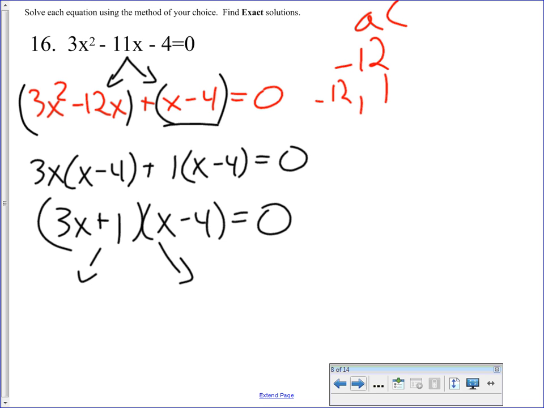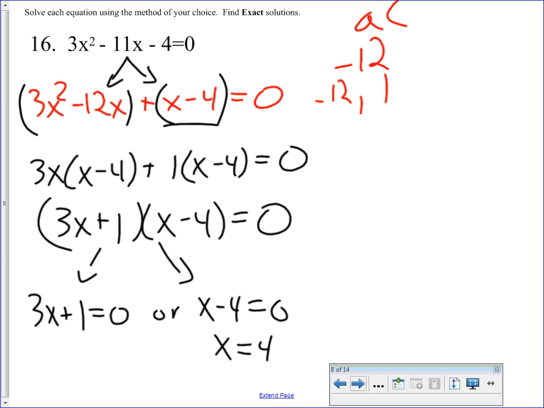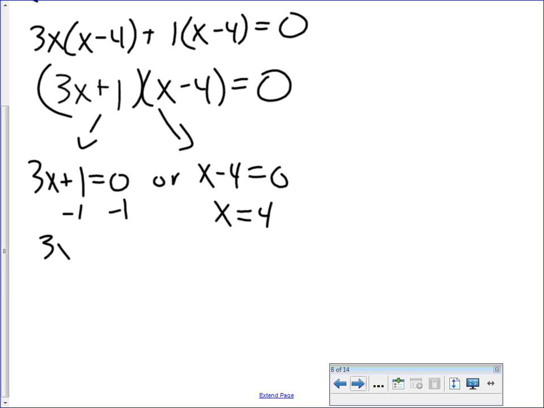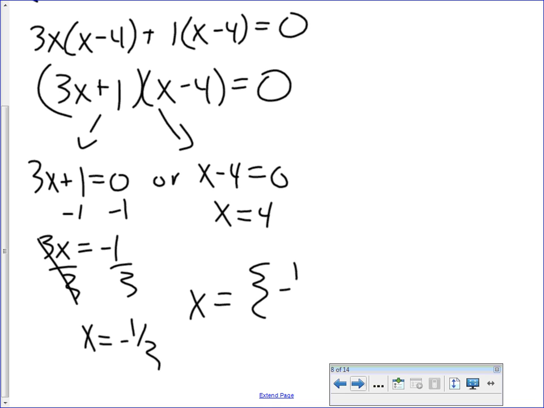And so by zero product property, either 3x plus 1 equals 0 or x minus 4 equals 0, in which case x equals 4 or x equals -1/3. So my solution set is -1/3, 4.